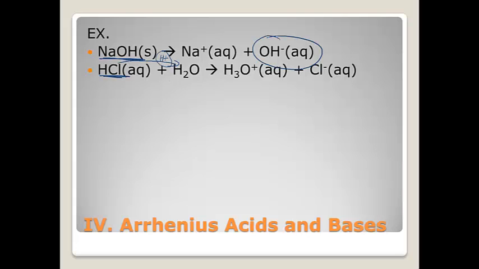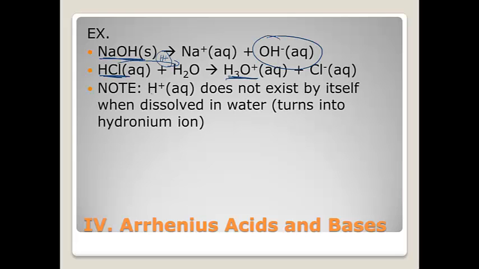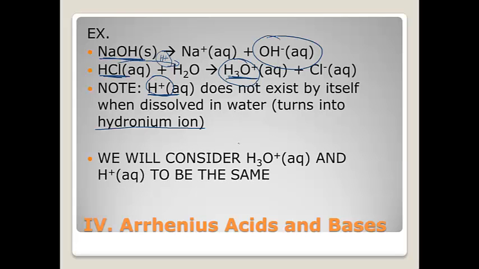It latches onto H2O and produces hydronium ion. So the hydrogen ion doesn't really exist by itself when it's dissolved in water, but we're going to consider these two things to be exactly the same. Whenever we talk about H+, we're really talking about hydronium ion.